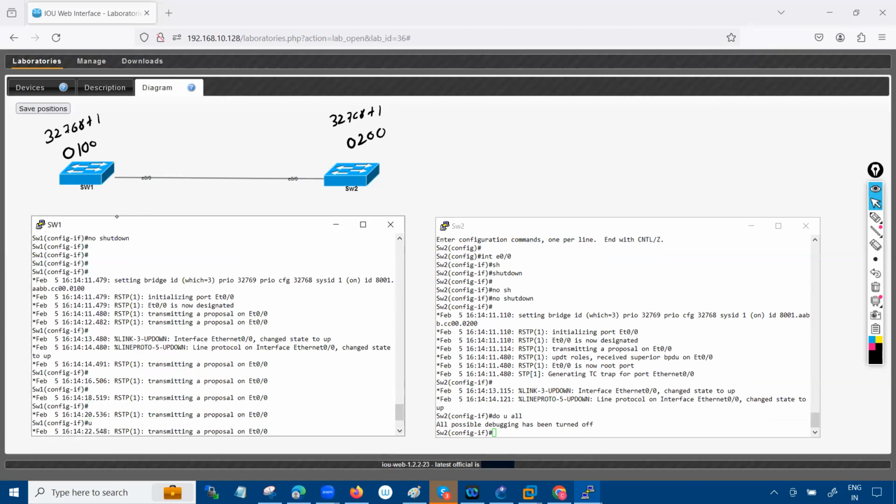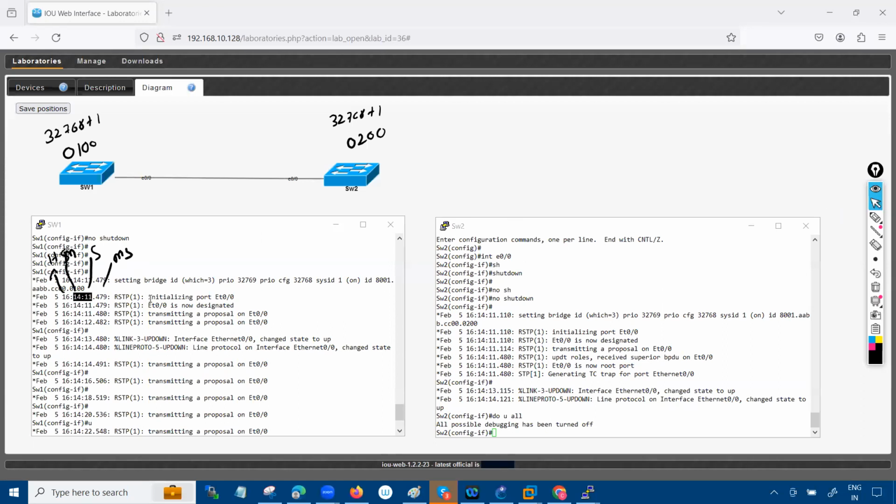If you see, this port has initialized into the RSTP protocol at this point. 14 seconds. Let me remind you, this is the minute, this is the second, and this is the millisecond. Can you see that?